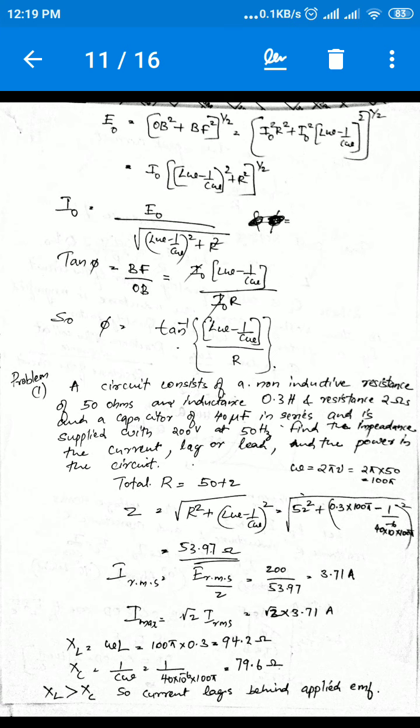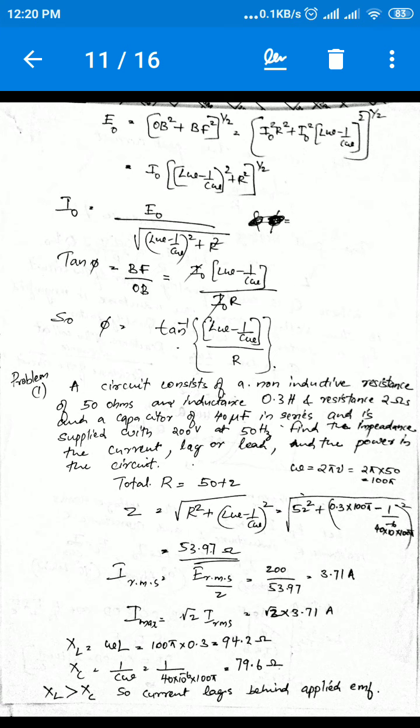That is the root mean square current. And if you want to find the maximum current, you need to multiply it with a root 2. Root 2 IRMS you will get maximum current. Okay, so root 2 into 3.71 ampere.